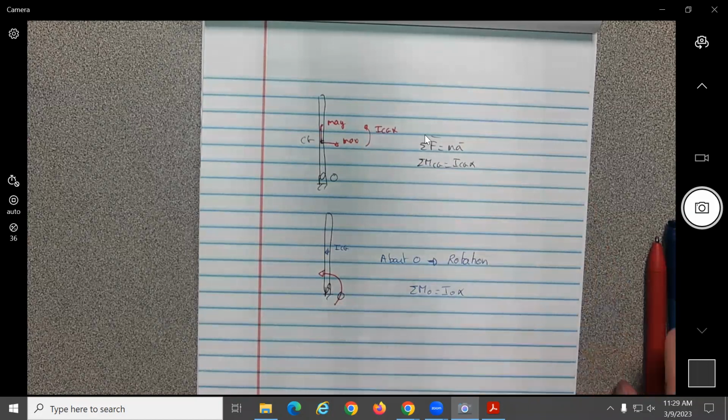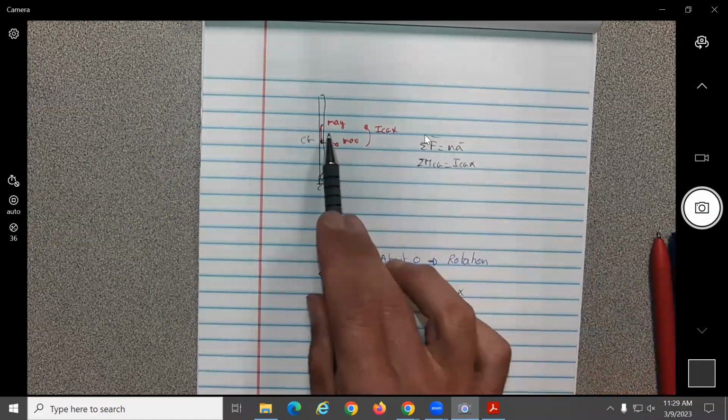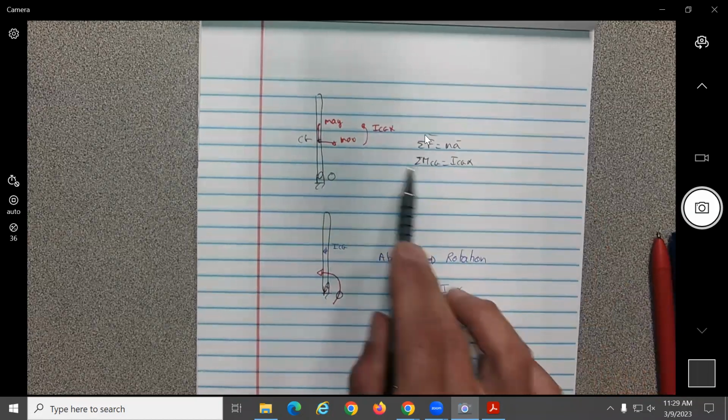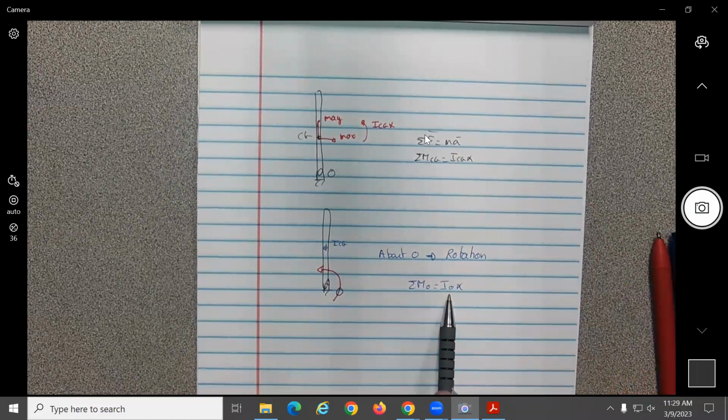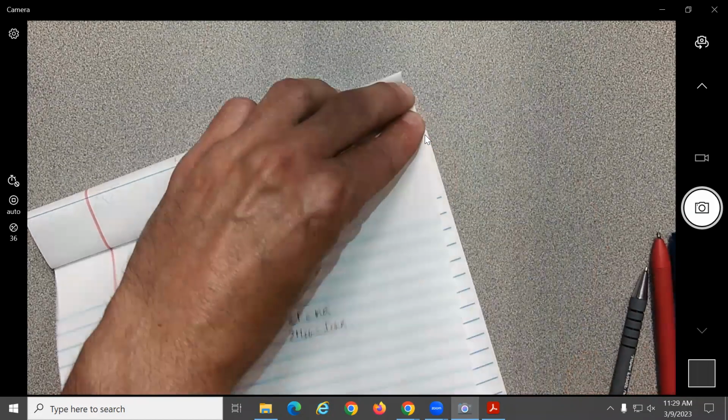It's a lot fewer equations, and in this case, since they don't give you the mass, if you do it the other way you need the mass of the bar. If you do it this way, you're not required to have the mass of the bar because they give you the inertia. Okay. Basically, they're trying to force you to do this.